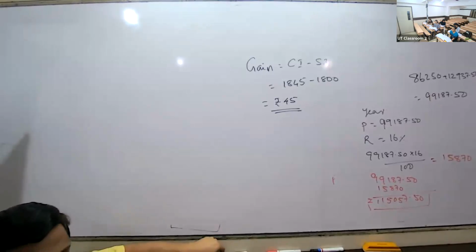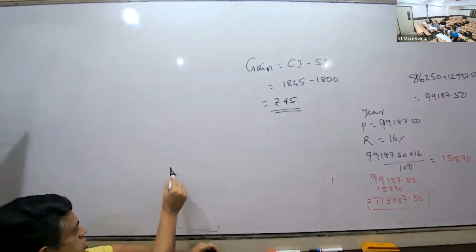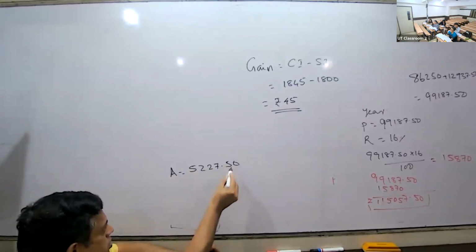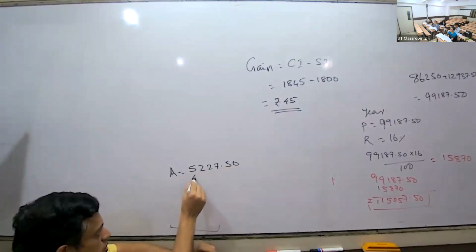What did you get as the final amount? The amount is 5227.20. What is the initial principal? 4,000.